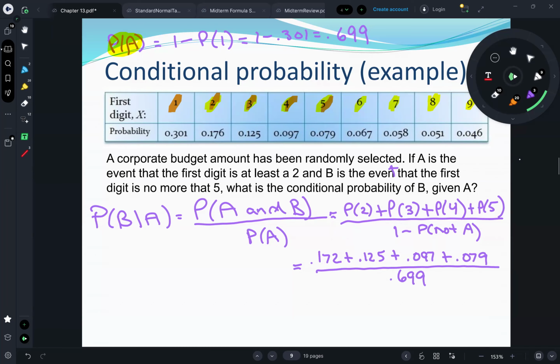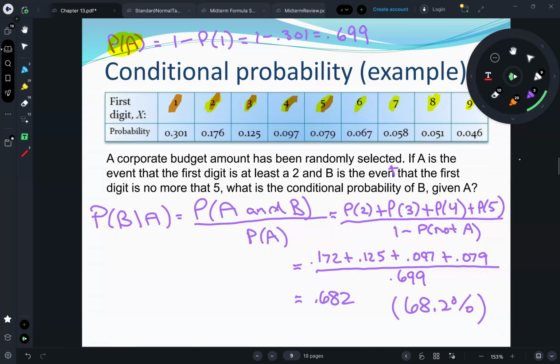And that's going to be the probability of B given A. So what's the probability of it being no more than 5, given we know it's at least a 2? It's going to be equal to 0.682 or 68.2%.